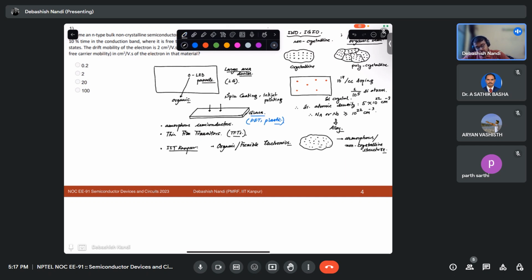So what is the advantage of crystalline semiconductors? How did we model the transport? We modeled that in a crystalline semiconductor, the electron travels just like a free electron. Remember, but what was the catch? Can anyone tell me?